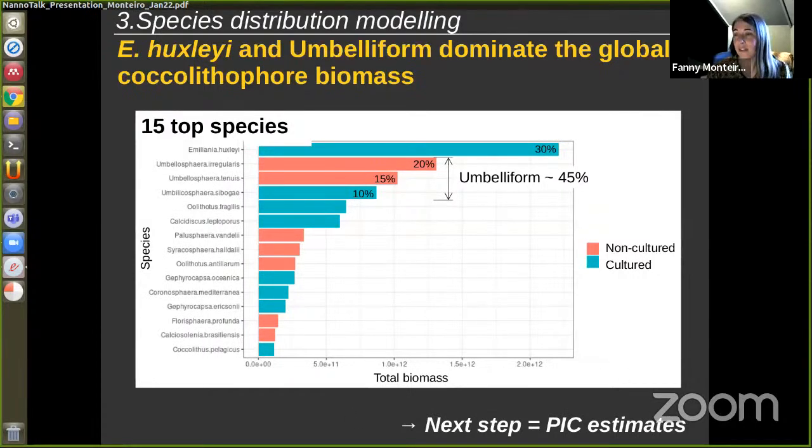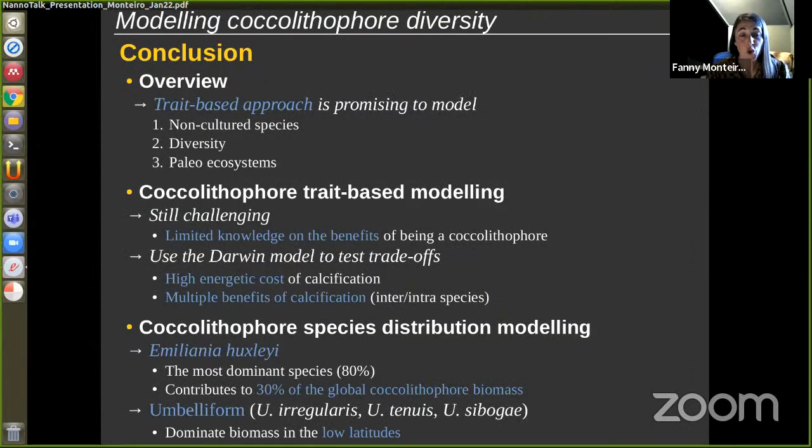Our next step is also to make the inorganic carbon estimates. So do a conversion using PIC:POC data, and then we should be able to get some global estimates as well, which should be interesting. So to conclude, I gave you an overview of how to model marine ecosystems, and I hope I showed you the potential of trait-based approaches to model non-cultured species, diversity, and paleo ecosystems.